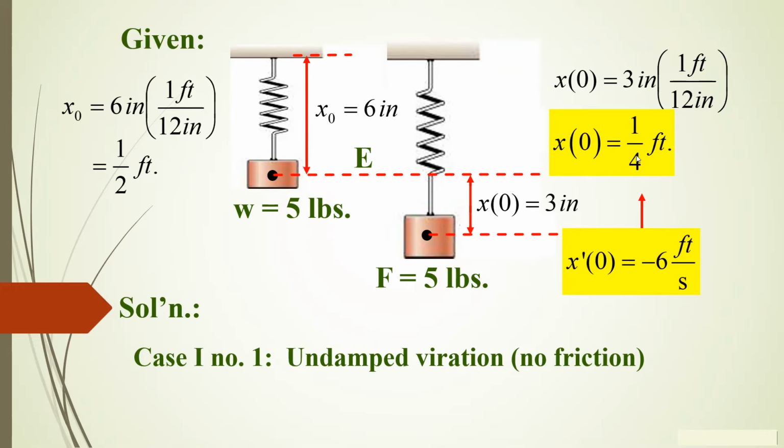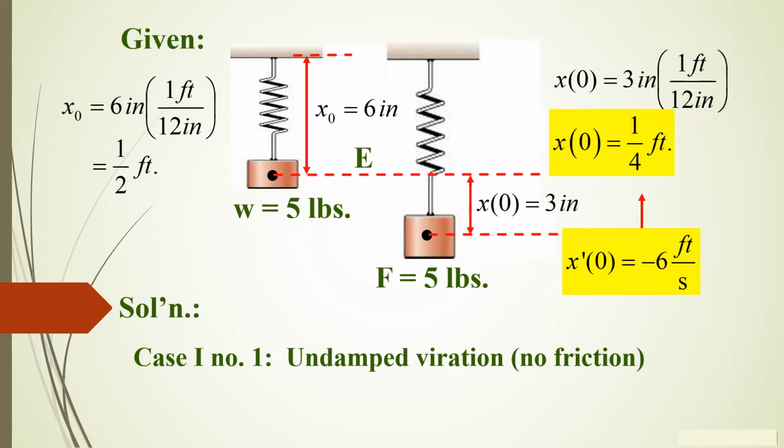Now, it says there that there is an initial velocity. So when you released it, the initial velocity was 6 feet per second. The problem, guys, is what would be the motion of the spring once you release the body? Upwards.